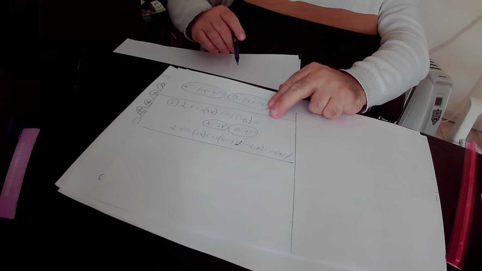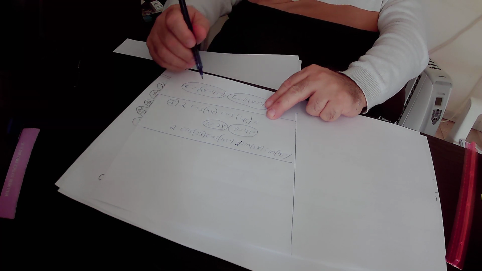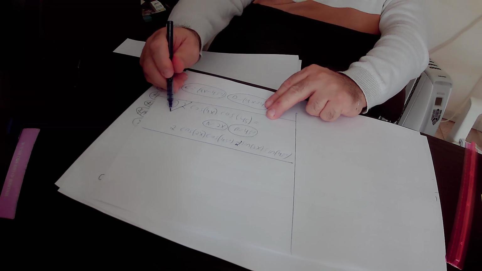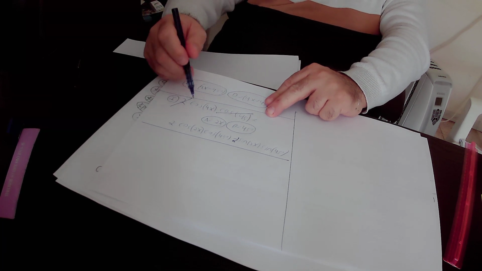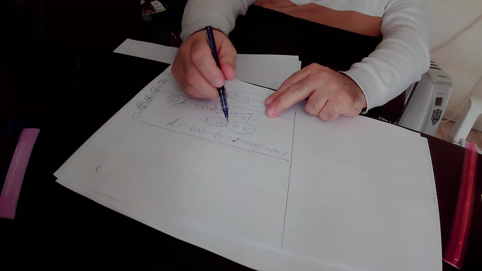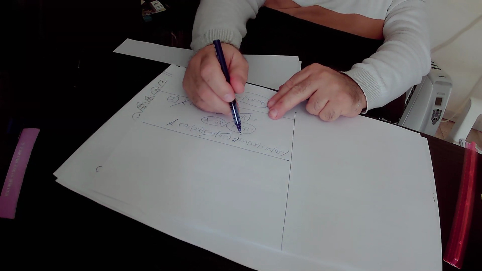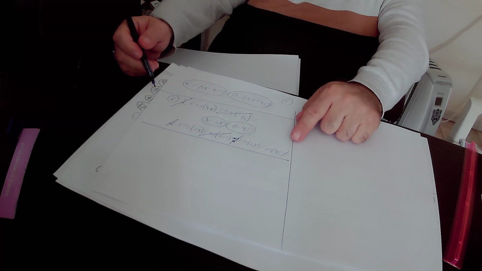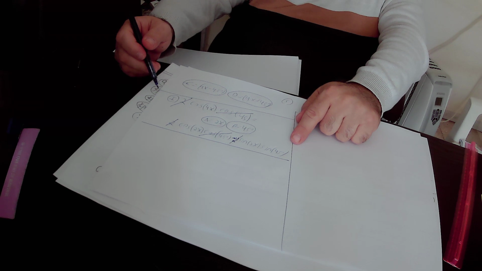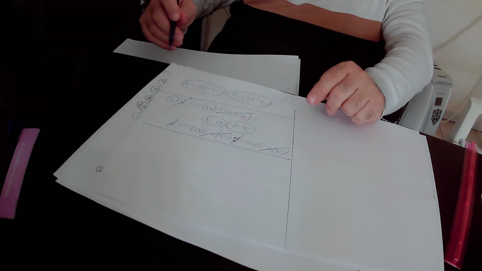Here we will divide equation number 1 by 2 cosine 45 degrees, so 2 is cancelled, cosine 45 degrees will be cancelled, and also 2 will be cancelled, and cosine 45 degrees will be cancelled, and because sine 45 degrees equals cosine 45 degrees, here sine 45 degrees will get cancelled.